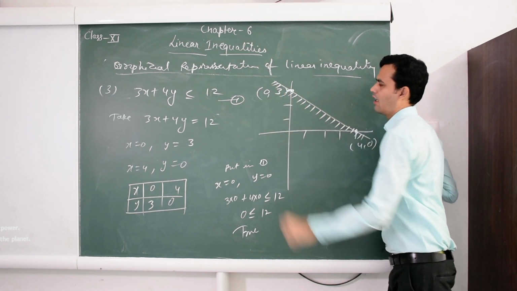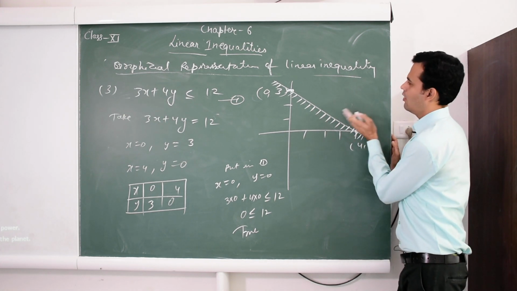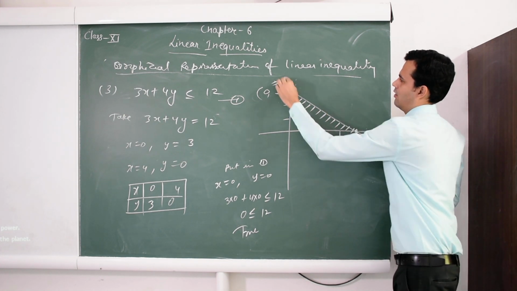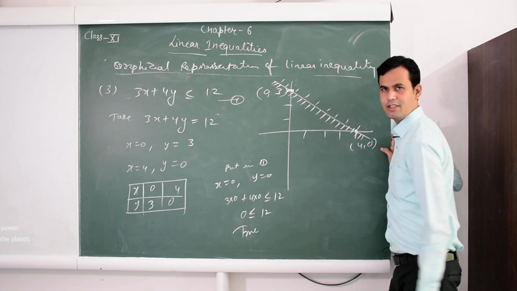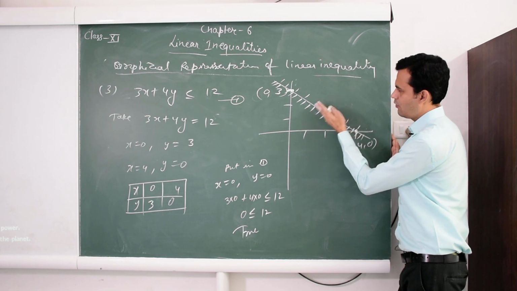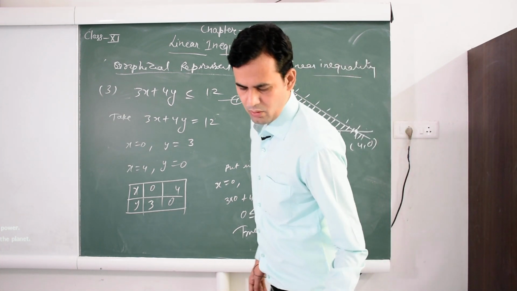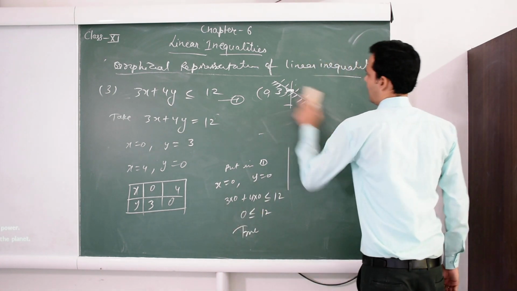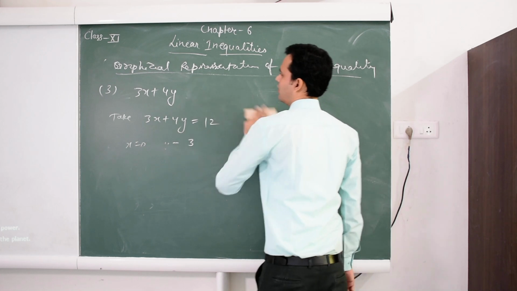So this is the region. If the condition is false, then the shaded region is on this side. But in these 2 questions the conditions are true, therefore the shaded region will be towards the origin. This is the question from exercise 6.2. Now exercise 6.3.